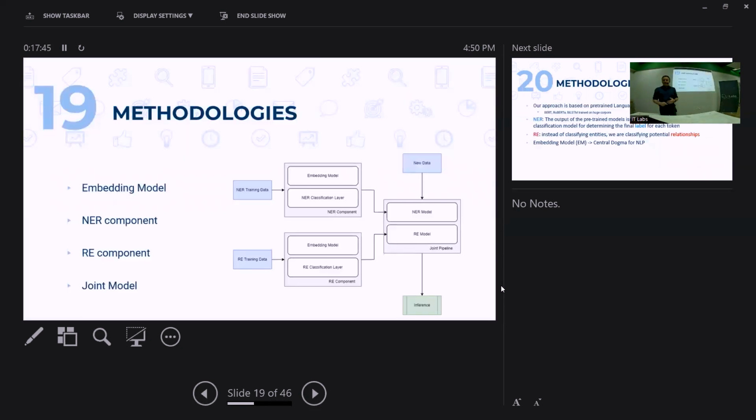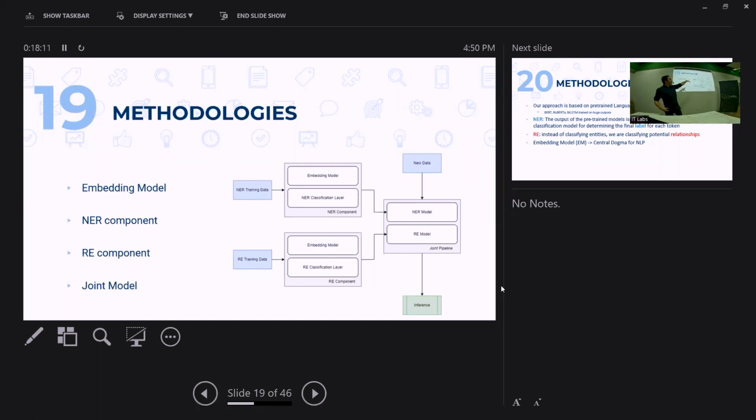Now about methodology. We have the training data for named entity recognition, and we have the relation extraction training data. We have the embedding model, which generates a numeric representation for the given text, because we have to have some numeric representation.